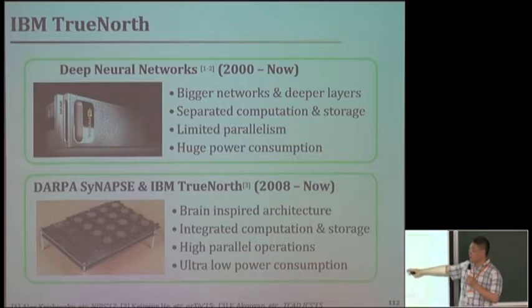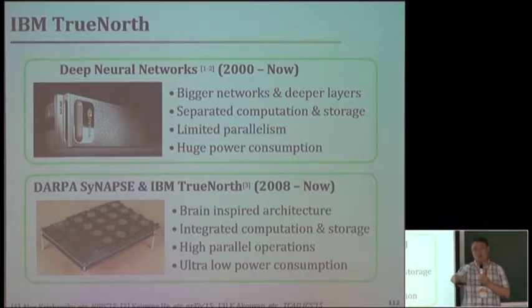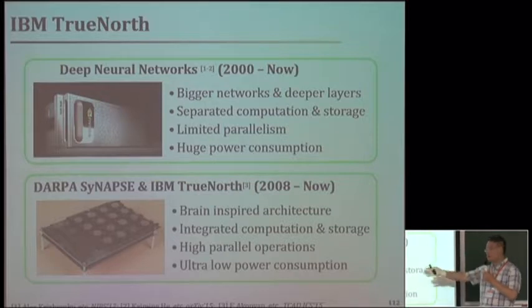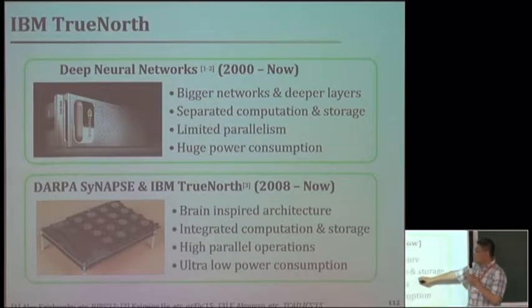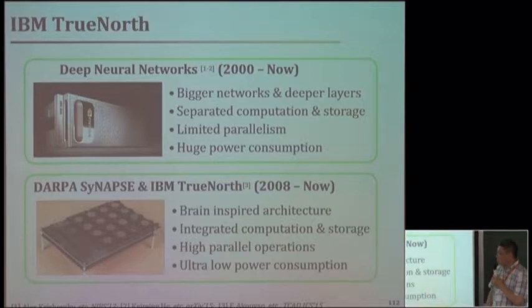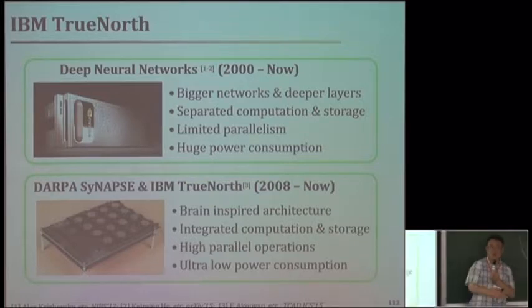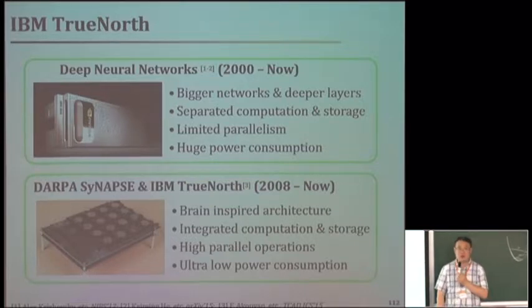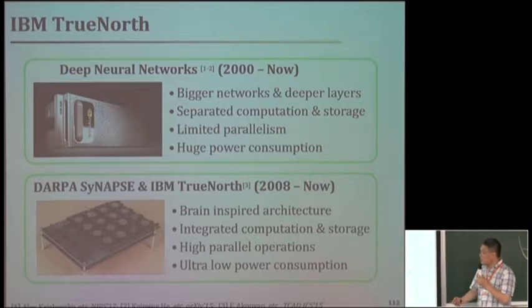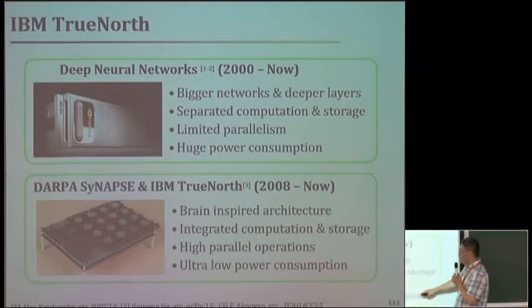And now we know the second approach wins, right? Because we build distributed hardware, distributed computing and storage components, and use very complex connections to connect them, to map the neural network on top of this. We can achieve very high parallelism on all operations because every single neuron and synapse operates simultaneously, but each one is very simple, so you can have very low power consumption.